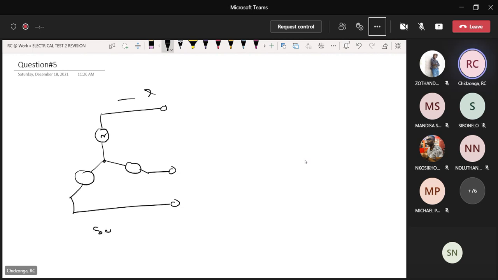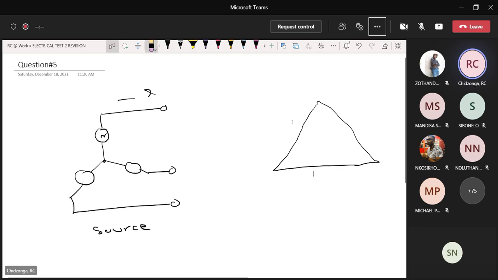So this is the source, and it supplies a delta connected load. On the other side, you've got a delta connected load. Or you don't have to draw it like that.